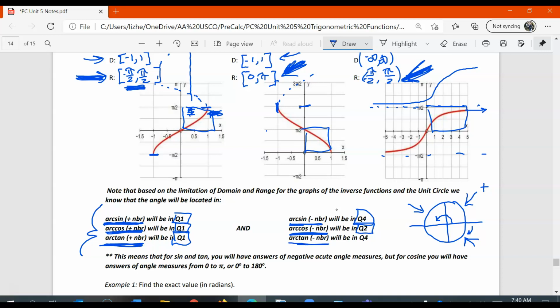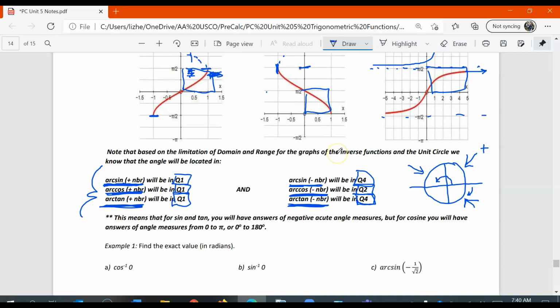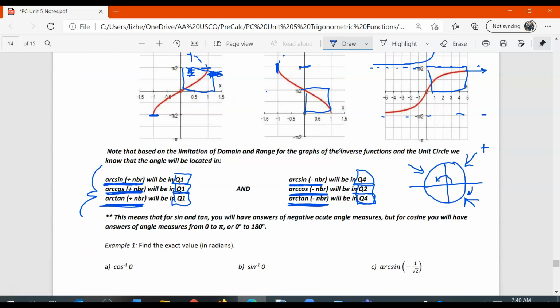And then inverse tangent will also be in quadrant 4. And this is just something you kind of need to memorize, and we're going to be using it. One way they say you can memorize that is for cosine, you envision the sun going down or something, and for sine and tangent, you envision it going this way.